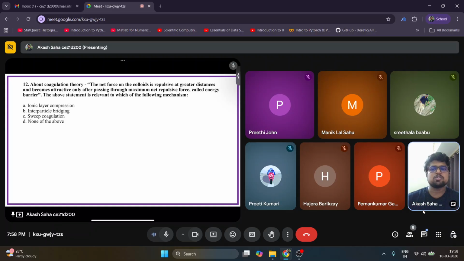Only after passing through the maximum net repulsive force they become attractive. When they become closer and closer to each other, they will become attractive, and this force, maximum net repulsive force, is known as the energy barrier. They have to overcome the energy barrier to become attracted to each other. So this is the statement of ionic cloud compression.